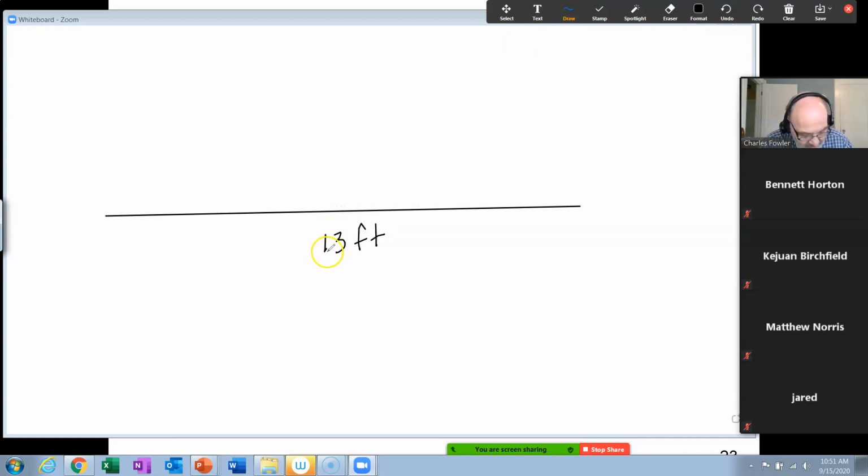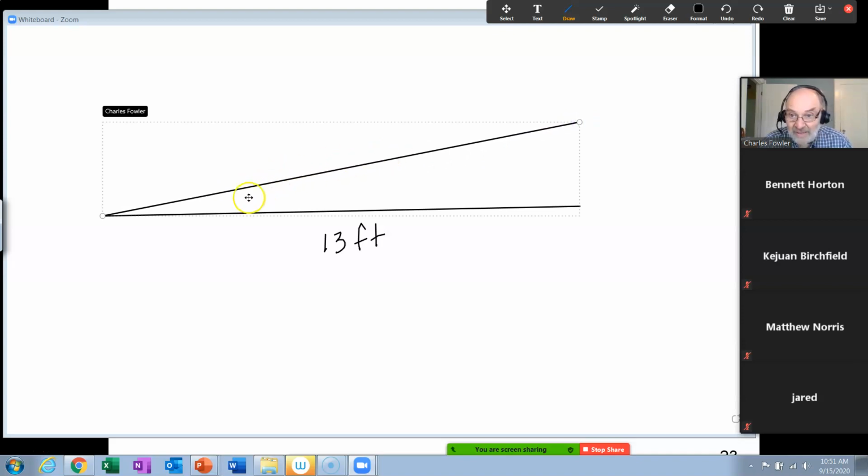Okay, now we're going to take the vertex here and go up here. I'm just estimating that this is 18.4 degrees.